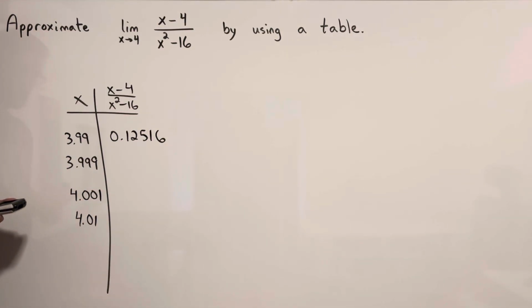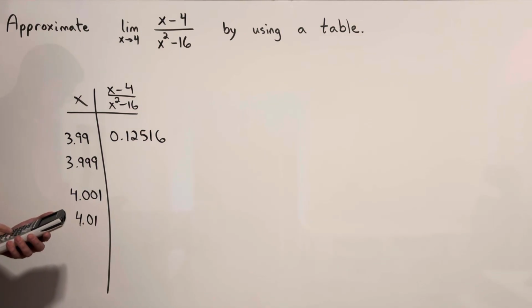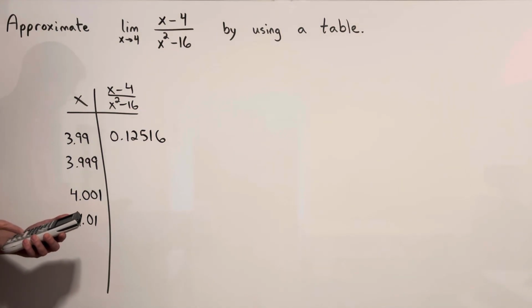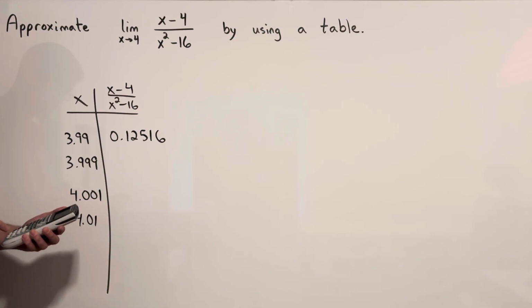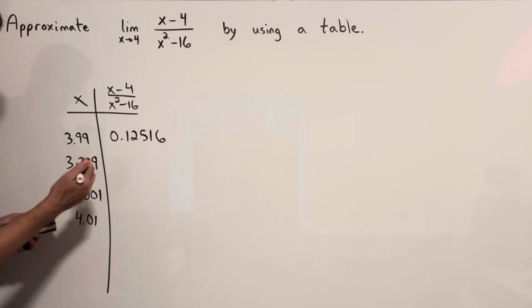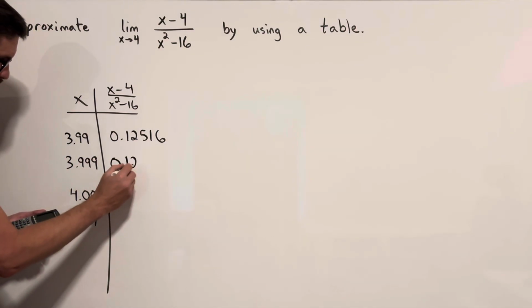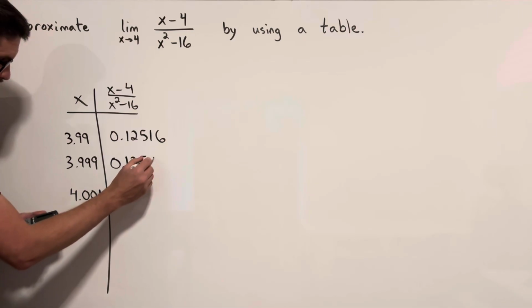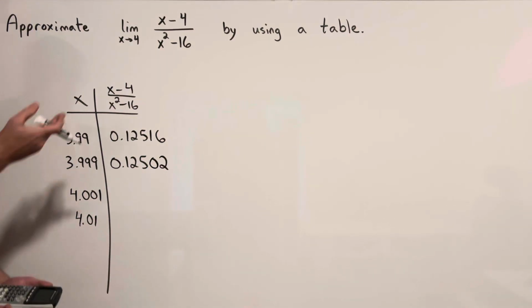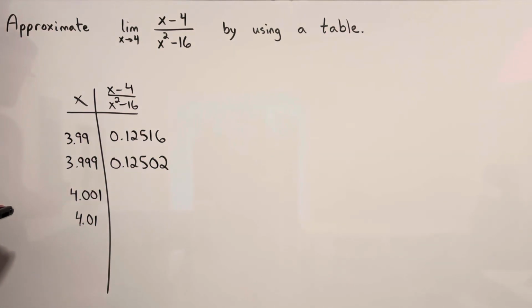If I plug in 3.999 minus 4 divided by 3.999 squared minus 16, I get 0.12502. I'm rounding it to the 5th place there.